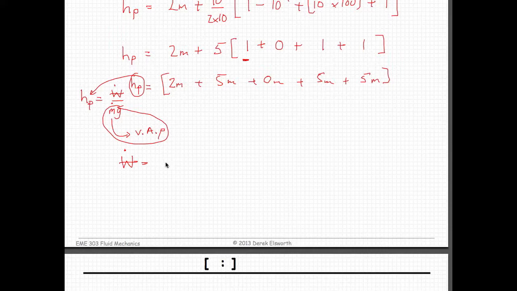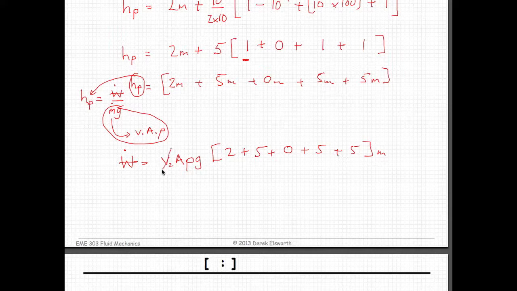And so this would be velocity of flow at 0.2, the area of the nozzle, which is the same as the area of the pipe, the density of the fluid coming out of it, and gravity multiplied by 2 plus 5 plus 0 plus 5 plus 5. This is all in meters.